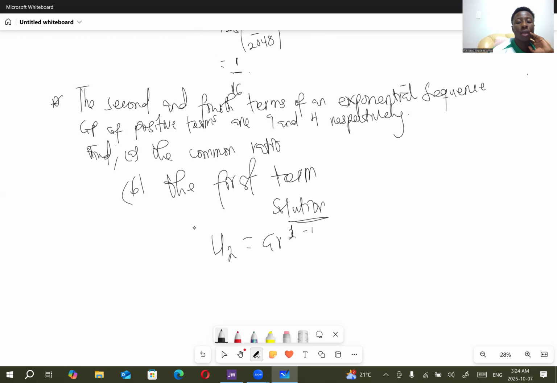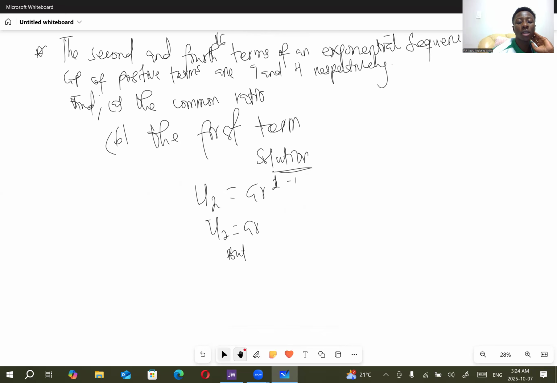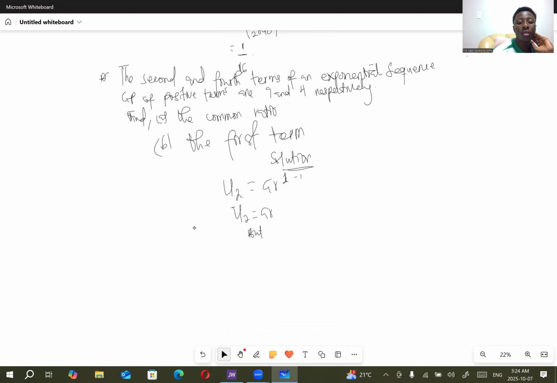So u2 is equal to ar exponent 1, or ar. But you are told that the second term is 9, so you have ar is equal to 9. This will be your equation 1.